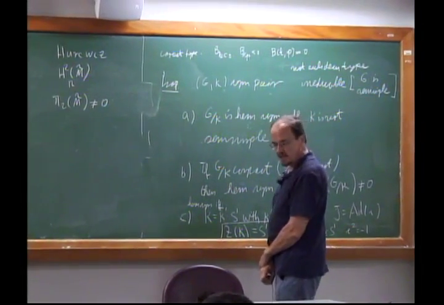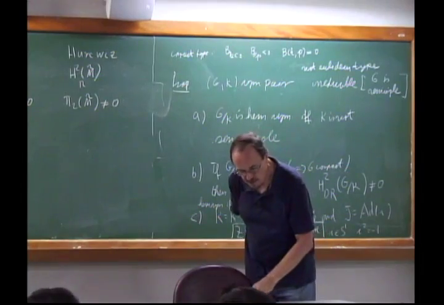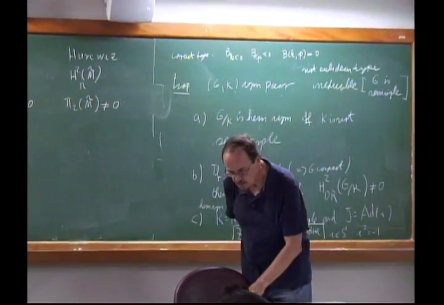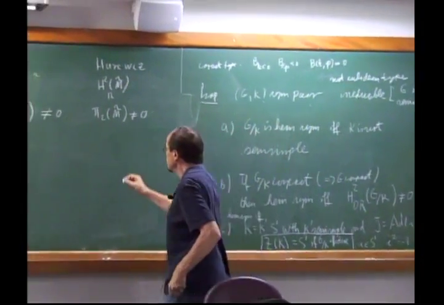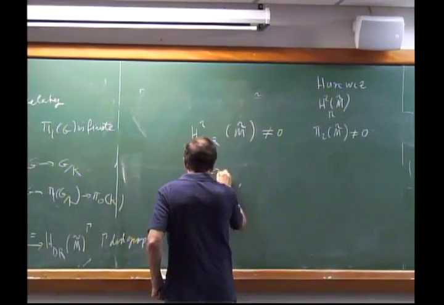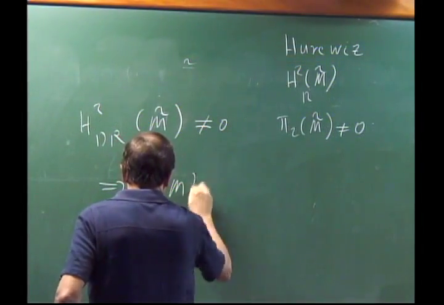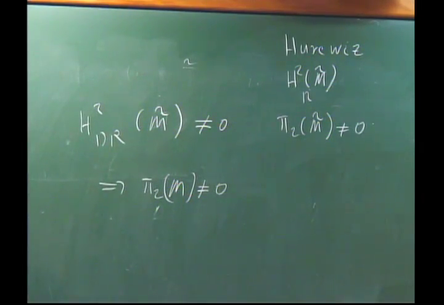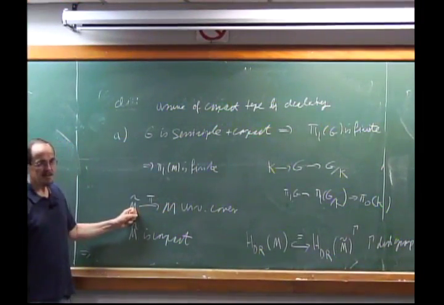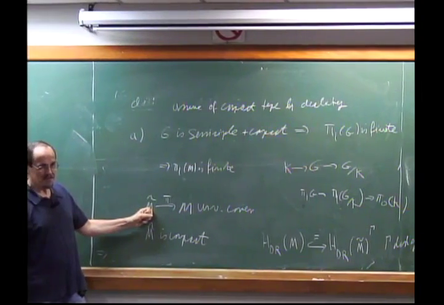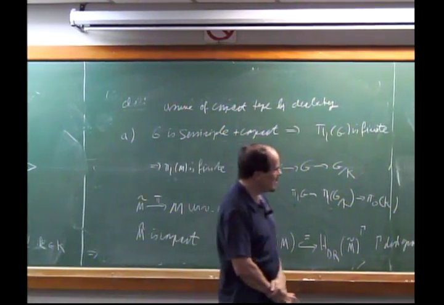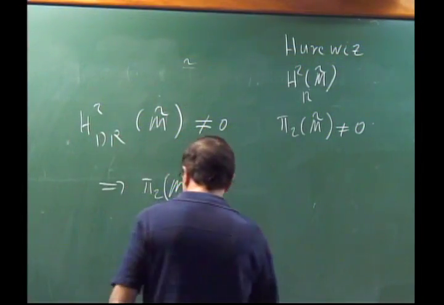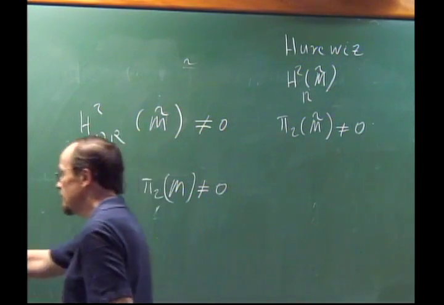So pi 2 of M tilde is non-zero, which means what? Pi 2 of M tilde is pi 2 of M, because this is a finite cover. Under covers, there is an isomorphism on the higher homotopy groups. I'm using a little bit of topology. And now what does that imply? Now I look again at my fibration here.